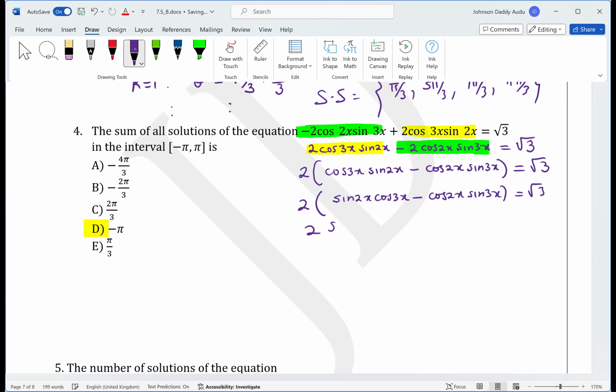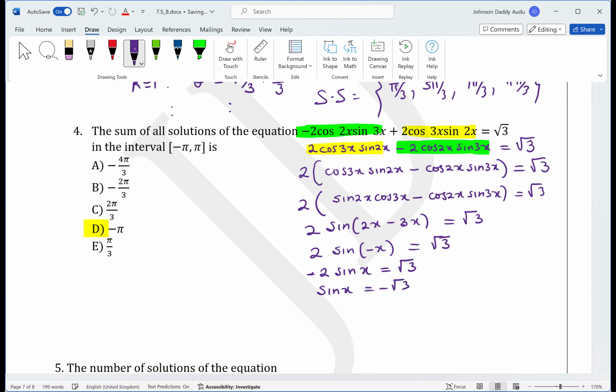So this is definitely sine of 2x minus 3x, and this is root 3. So this is just going to be 2 sine of minus x equals root of 3, right? And now sine is odd, so this minus can come out. So we'll have minus 2 sine of x equals root 3. So what is sine x? Sine x is just going to be minus root 3 over 2.